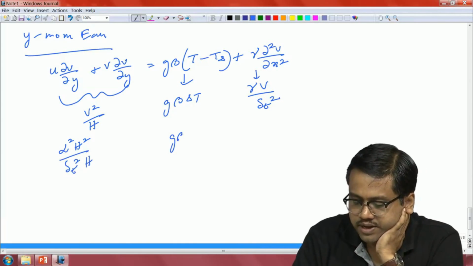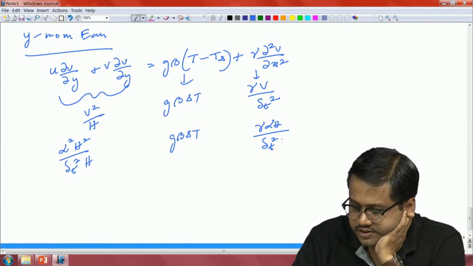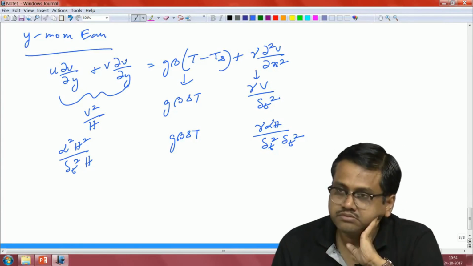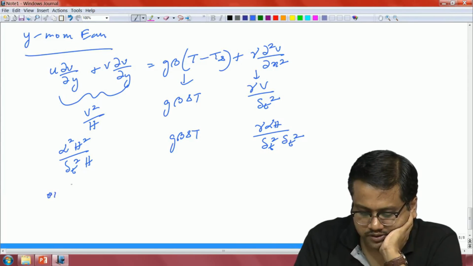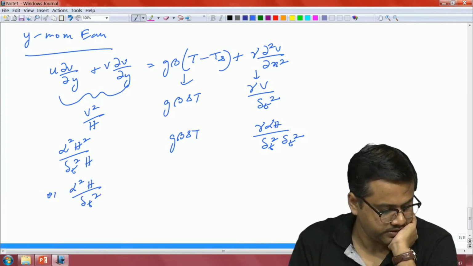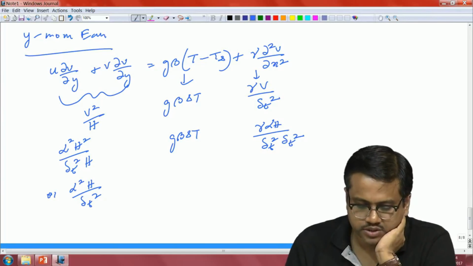This is still g beta into delta T. This is nu alpha h by delta T squared, into delta T squared, right. So, that will be the expression, right. So, we get alpha squared h by delta T to the fourth, delta T squared.